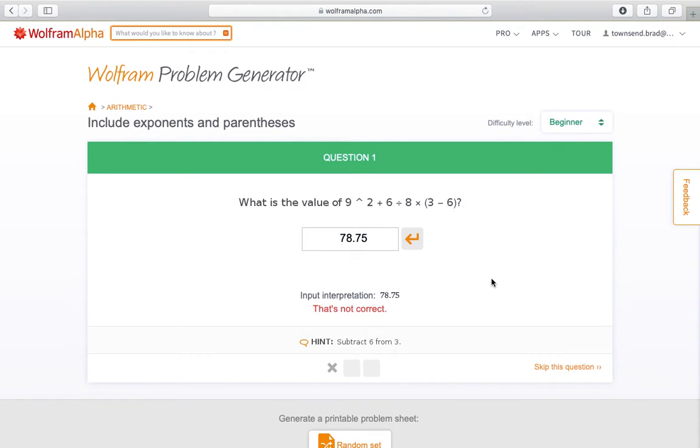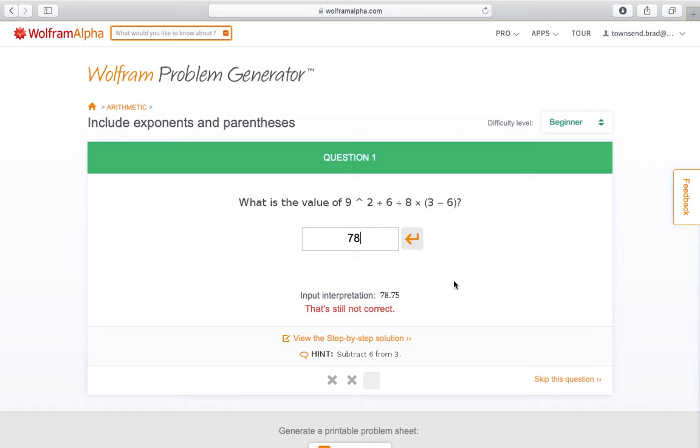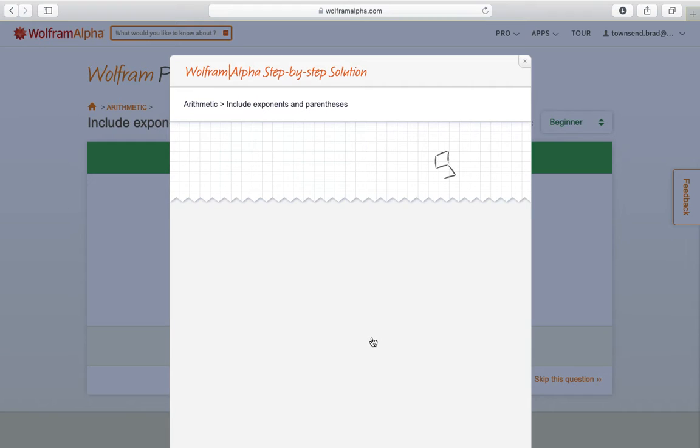Okay, that is not correct. Hint, subtract 6 from 3. All right. So, okay, let's see the step-by-step solution.